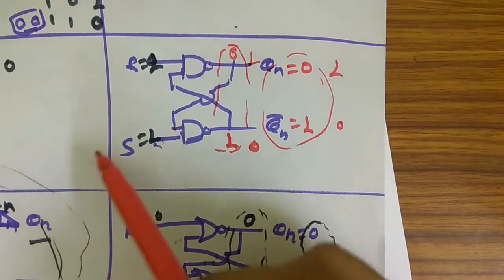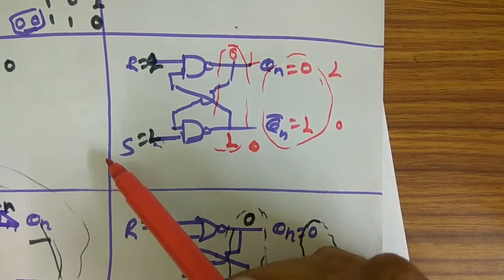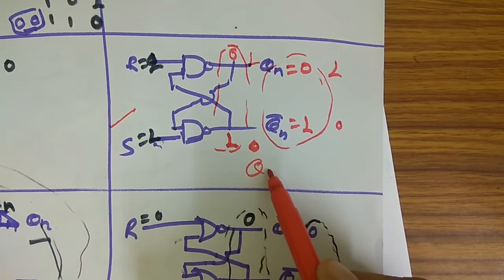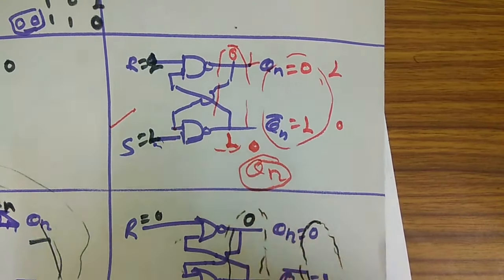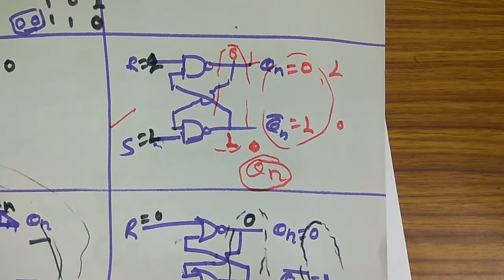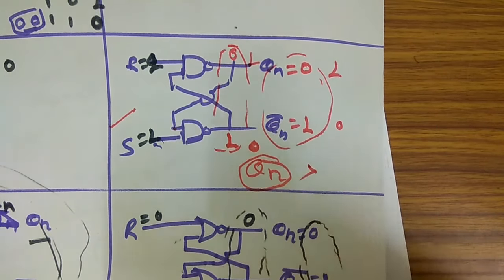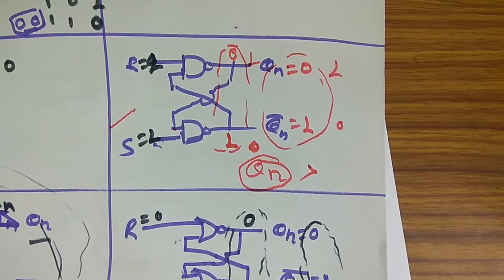Like there one condition was invalid, here that condition is not invalid, it will give output Qn, the previous state. There the 0 condition was giving output Qn, here the 0 condition is invalid. So this is the difference between the SR NAND latch and the SR NOR latch.